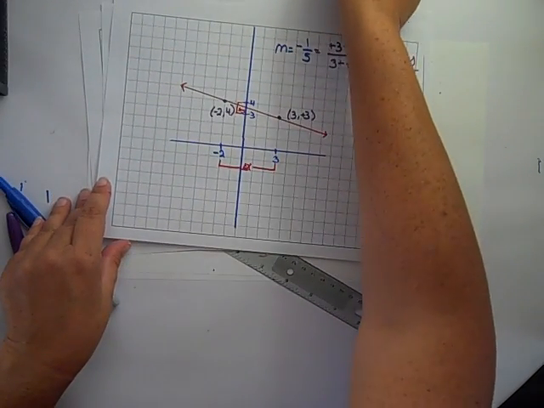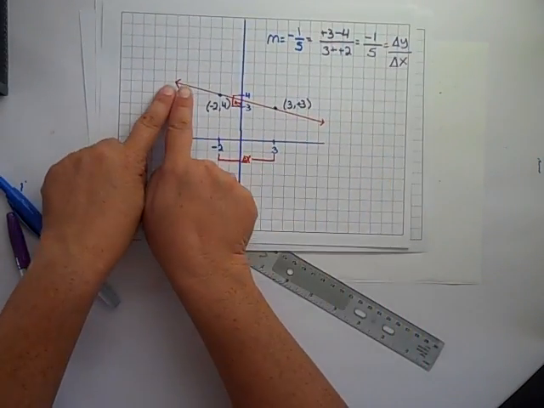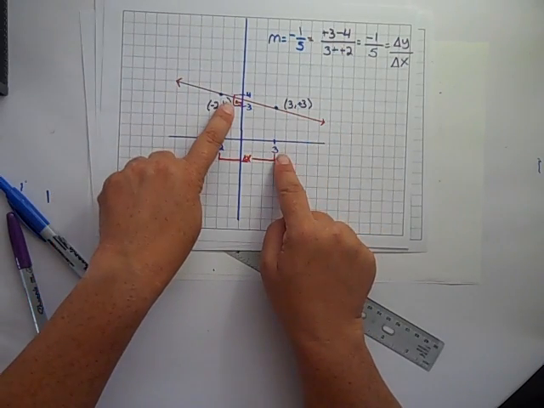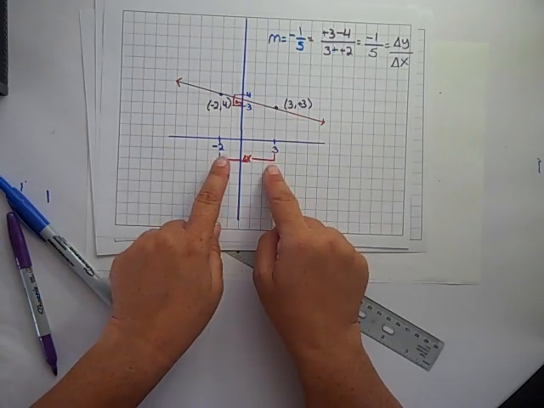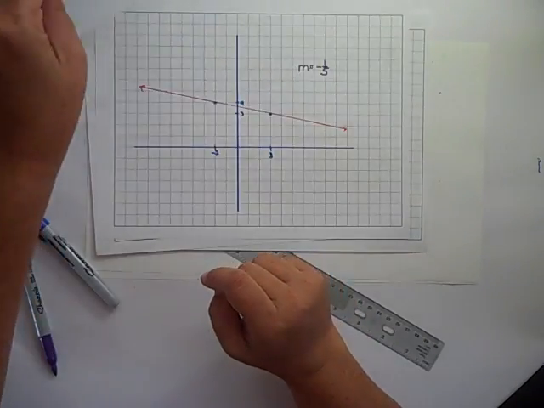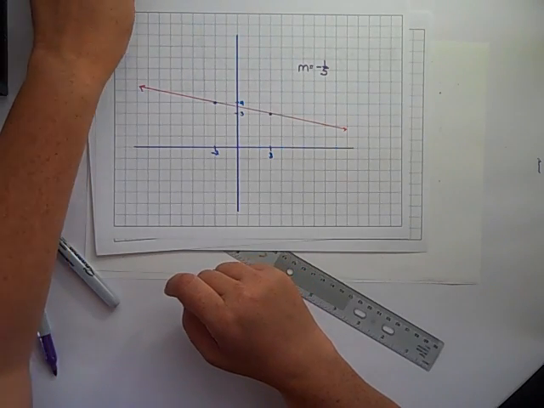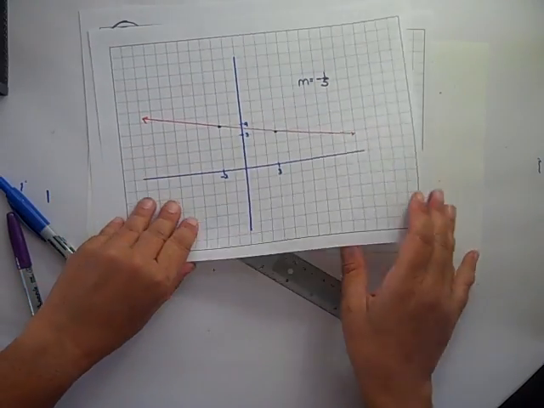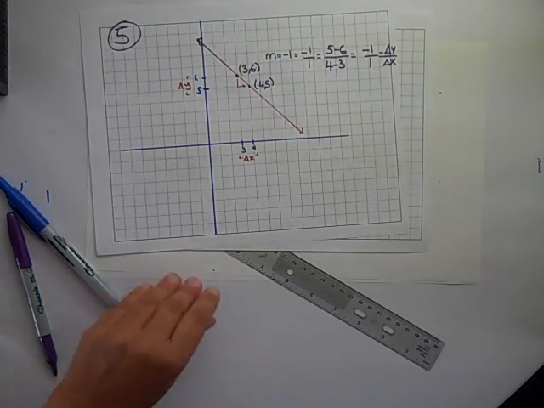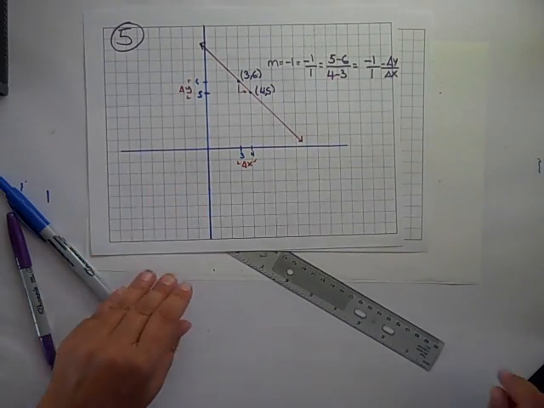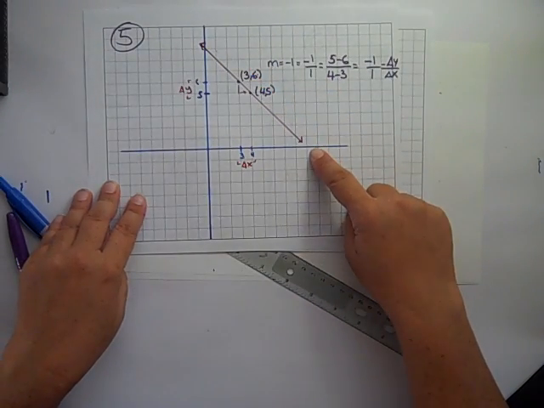And number 4, make sure your line is going down from left to right. Your change in y should just be 1, and no matter where you drew it, your change in x should be 5. And number 5 is a line going down again.